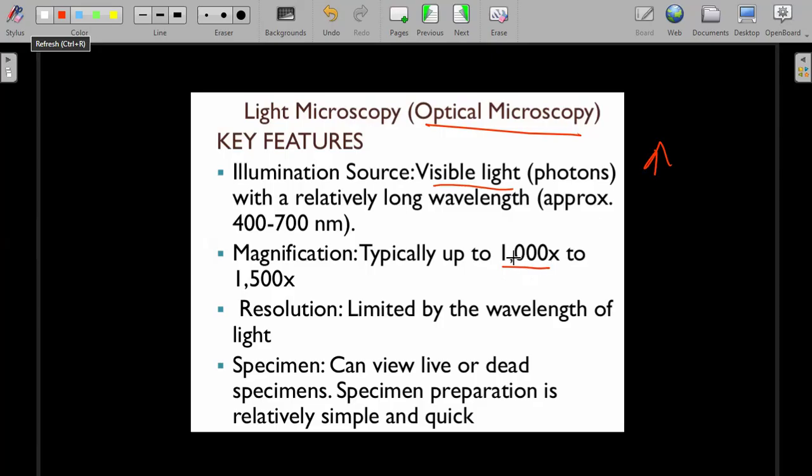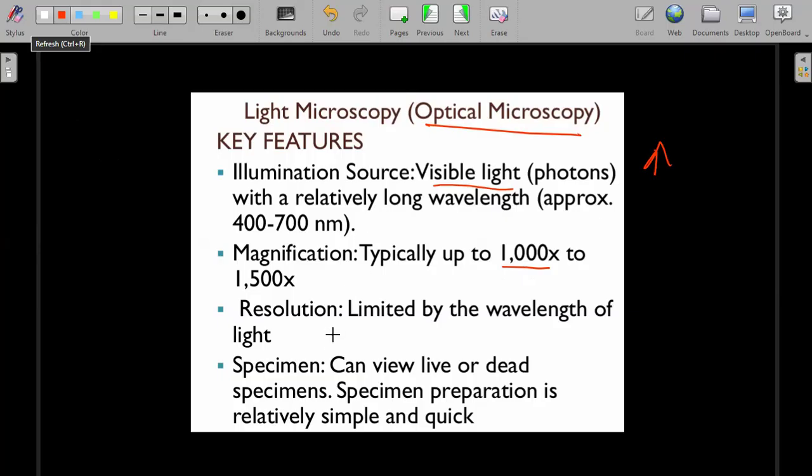It also has limited resolution, and we said when we started this class that resolution is limited by the wavelength of light, isn't it? So it also has limited resolution here.